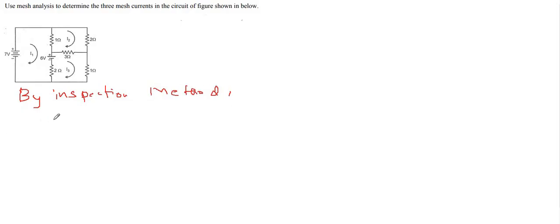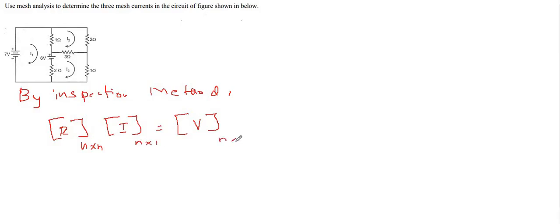So we know that R into I is equal to V, and here we need to determine the size of the matrix. So for R it is n cross n, for I it is n cross 1, and for V it is n cross 1. So from the given figure, the number of loops is equivalent to the size n of the matrix.